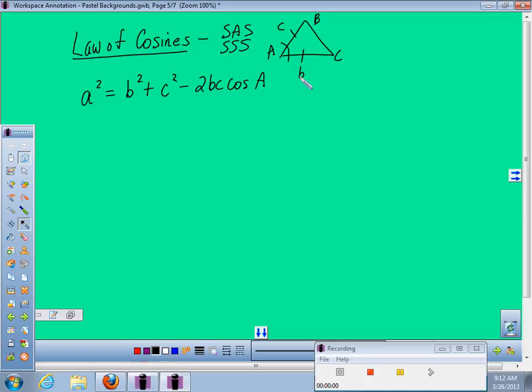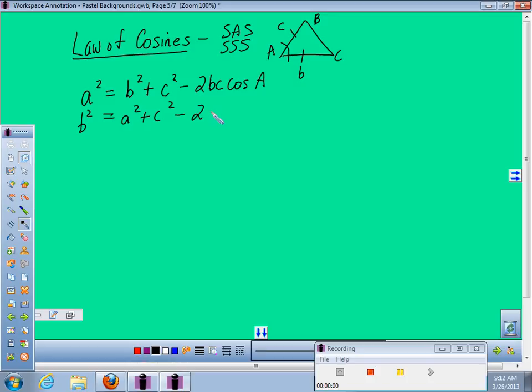Now, I'm going to write out all three versions of this. If you know one, you know how to do it. If I was going to solve for side B, A squared and C squared would be your two choices, because they're the other two sides.